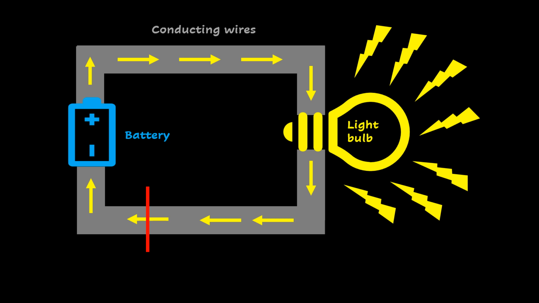And then we also had a stopwatch so that we can see how much charge Q in coulombs has passed this point in 1 second. And this is current. It is the rate of flow of charge: how much charge passes a fixed point in 1 second.